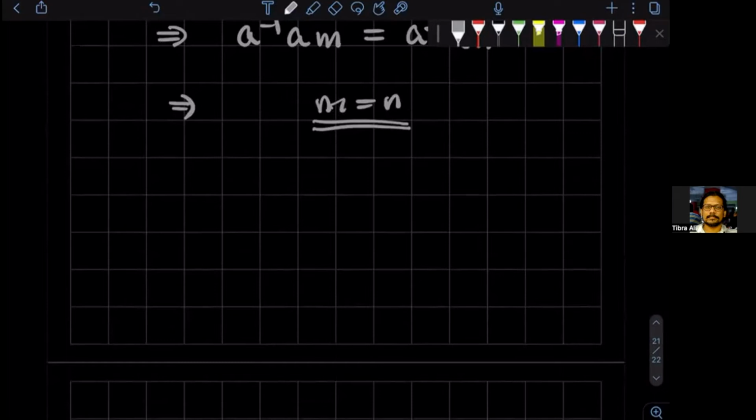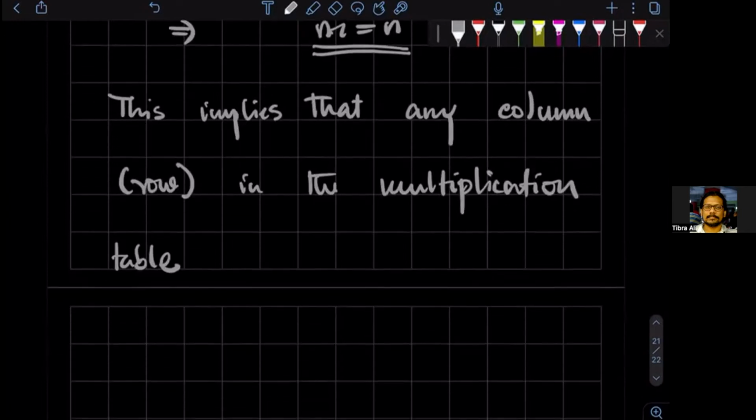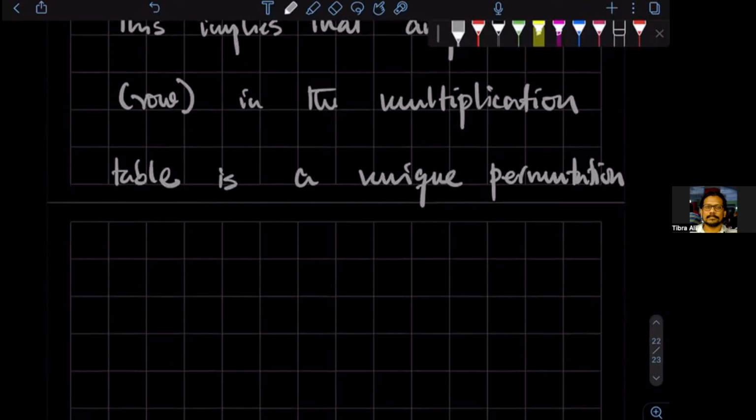Okay, so this shows us that every row or column is unique, the arrangement. So what does this mean? This implies that any column or row in the multiplication table is a unique permutation of any column or row.